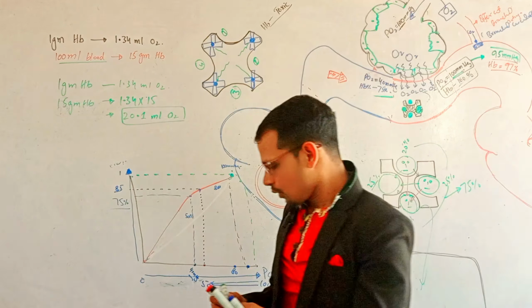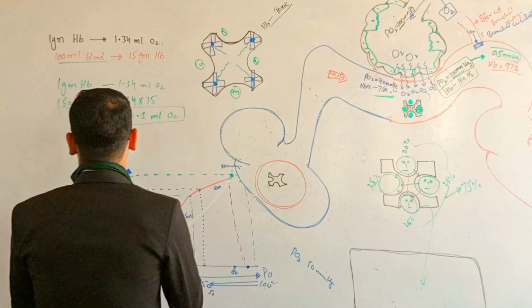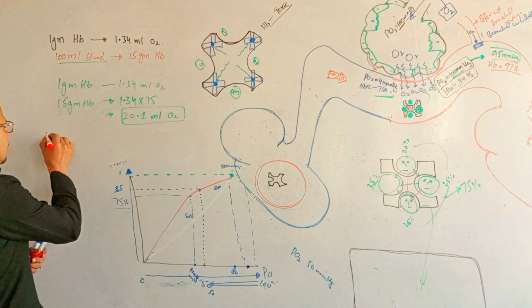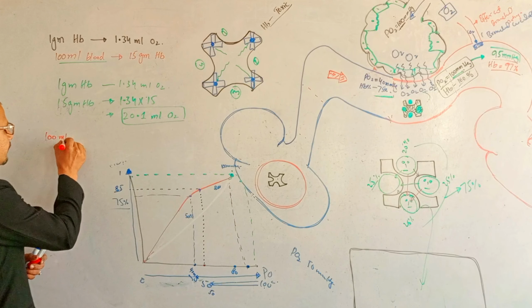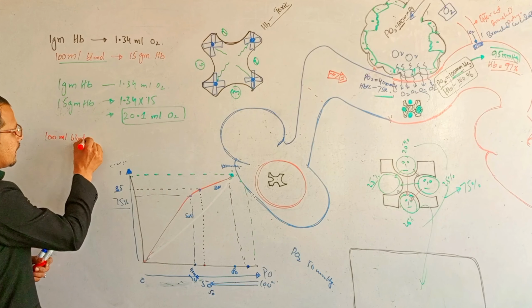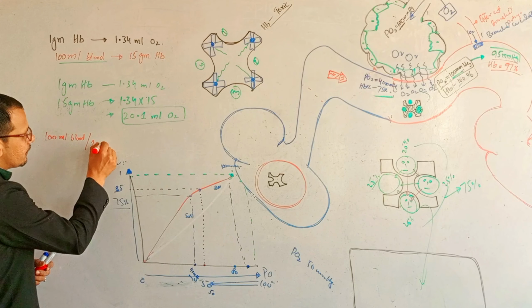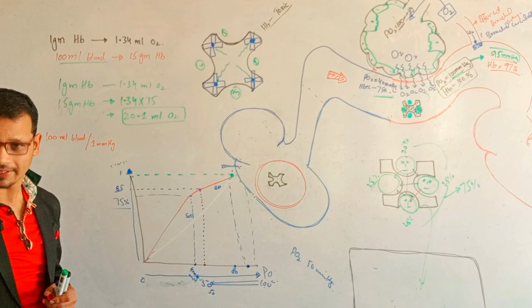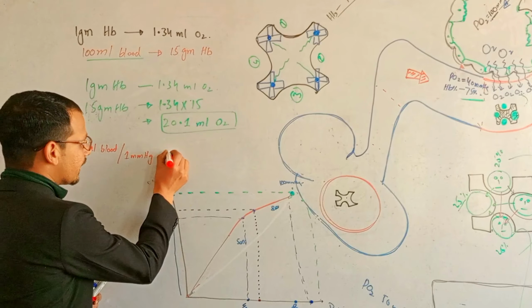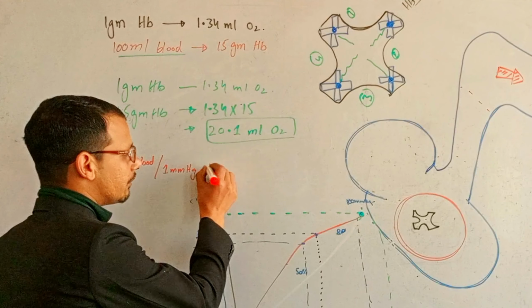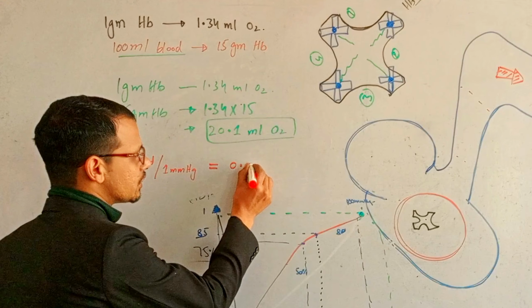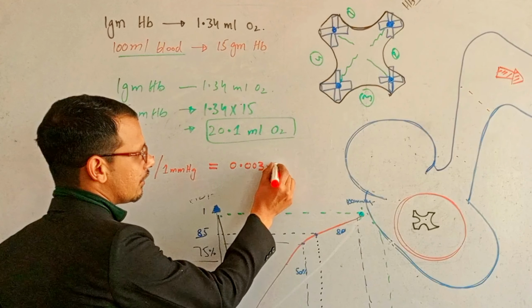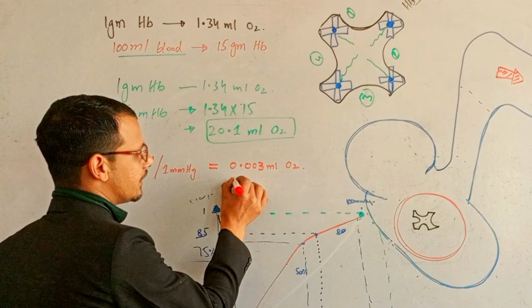So 100 ml of blood, at a partial pressure of 1 mm of Hg, has 0.003 ml of oxygen in dissolved form.